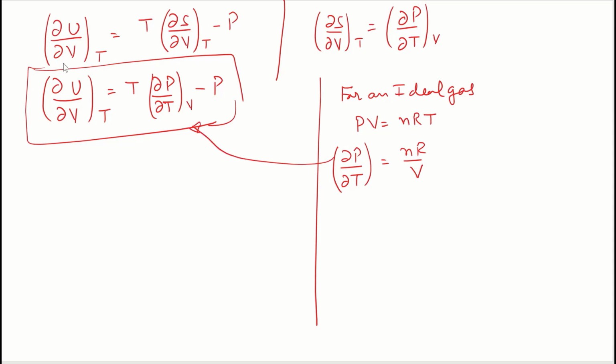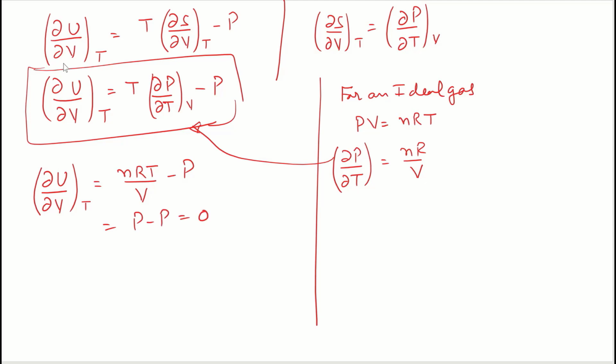So du by dV at constant temperature, that is equal to nRT upon V minus P, and that is nothing but P minus P, and that is equal to 0.